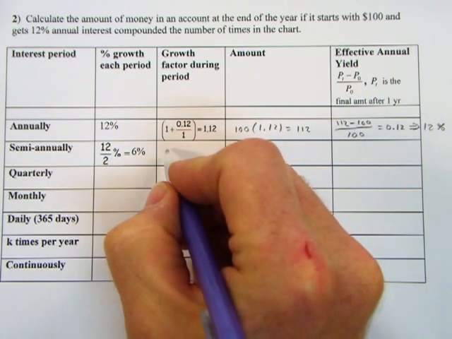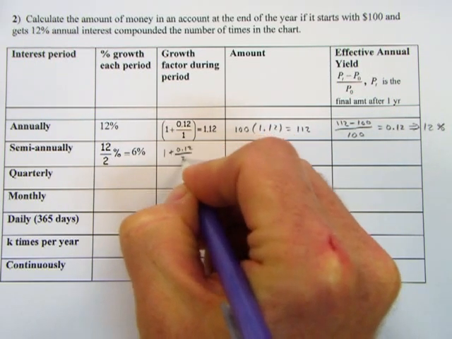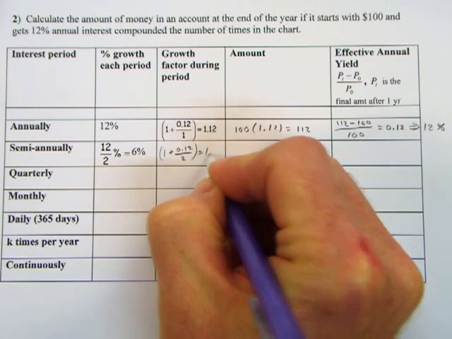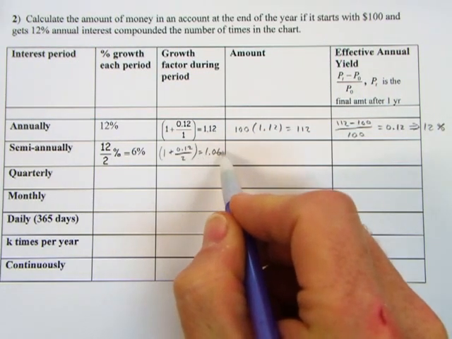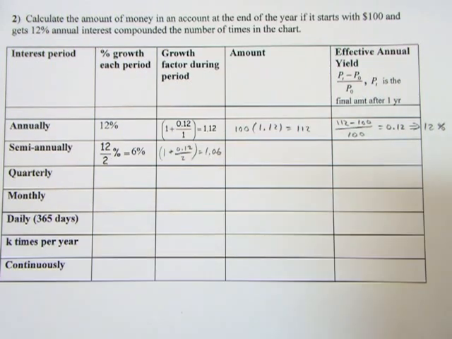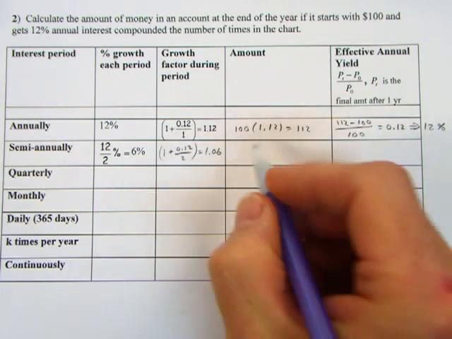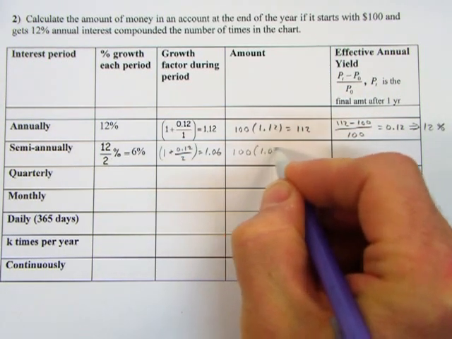So over here we'll have 1 plus 0.12 divided by 2, and we get 1.06. Now what we're saying is we have 1.06 is our growth factor. How many times are we going to compound this in 1 year? We're going to compound it twice. So it'd be 1.06 to the 2.